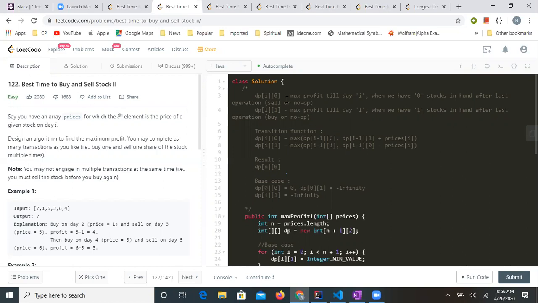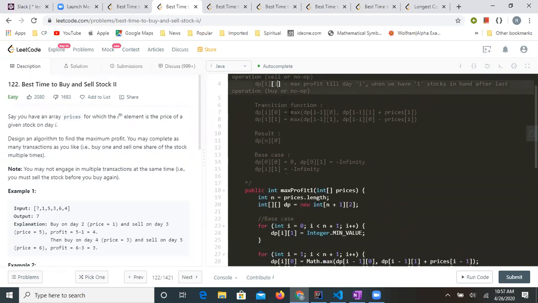So here, let's drop k. Then what is the meaning? I will just drop k from my state. DP[i][0] means maximum profit till day i when we have 0 stocks in hand after the last operation, sell or no op, because you have 0. Same with 1. We are just ignoring k everywhere.